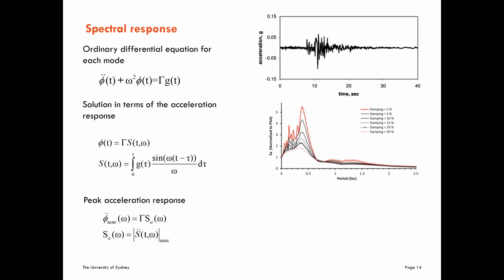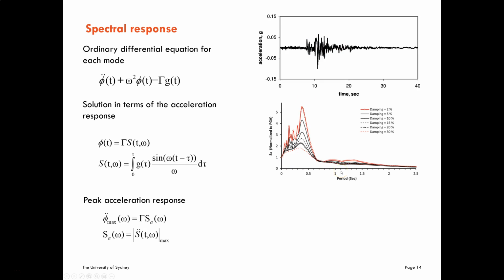Let's see how it looks like. If I solve these equations and calculate the acceleration response, I can calculate this as a function of the frequency, or as a function of the period. The period is 2 pi divided by the frequency. So I am plotting here against the period for this particular acceleration.